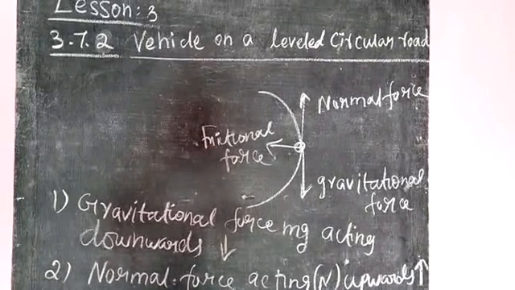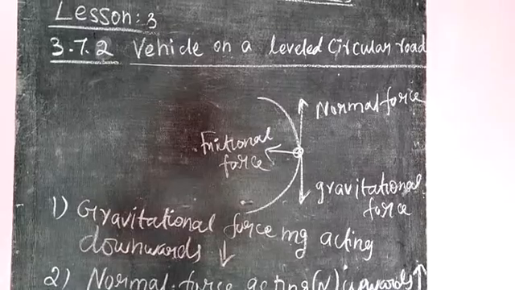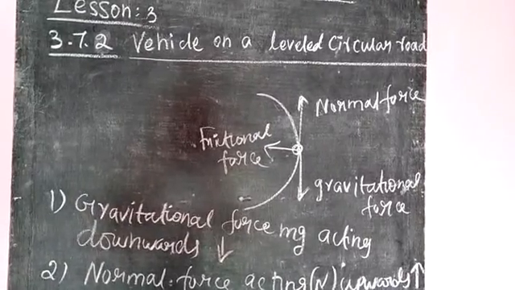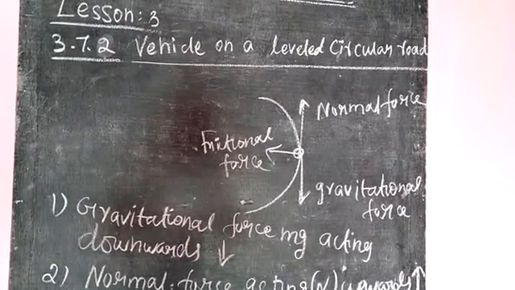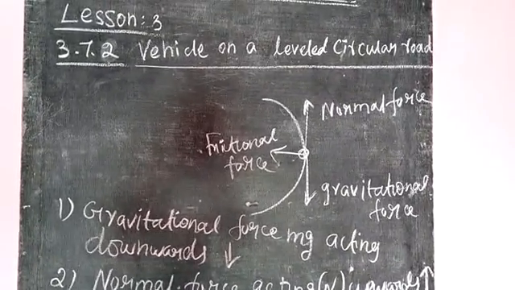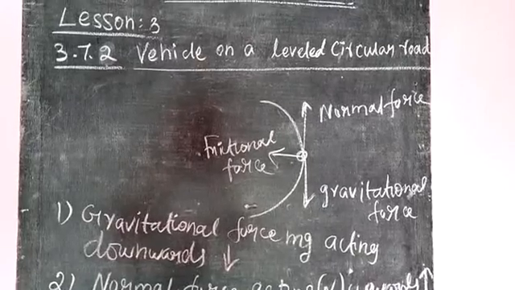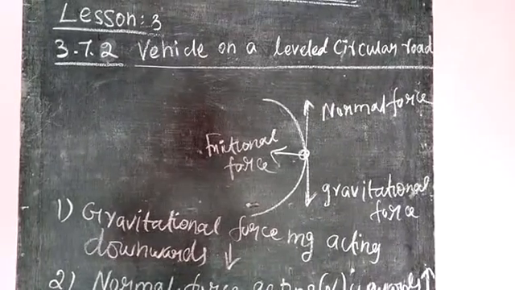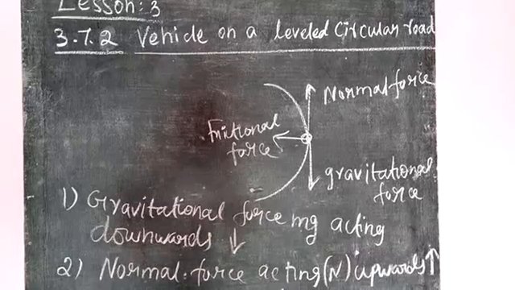Consider a vehicle of mass m, moving with velocity v, taking a curved path of radius r. Here three forces act: gravitational force, normal force, and frictional force.